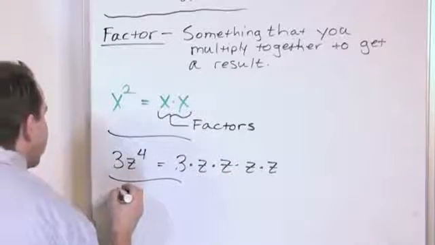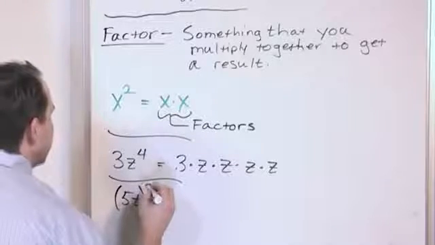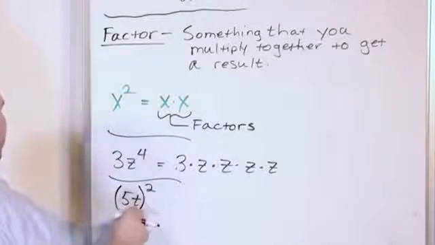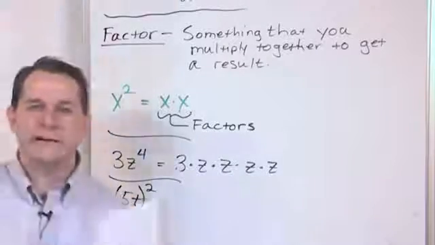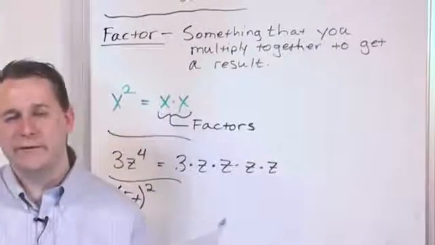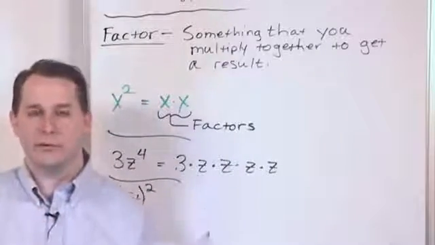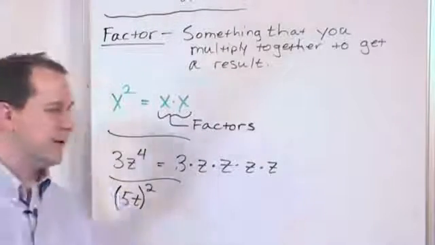Now what if I had, open parentheses, 5 times t, squared? When I write two things next to one another, like 5 and t with nothing in between, it always means multiplication. Anytime you see two things sitting next to one another in algebra, you've got to get used to the fact that you're not always going to see multiplication symbols everywhere. If things are sitting next to each other, you just need to assume that they're multiplied together.